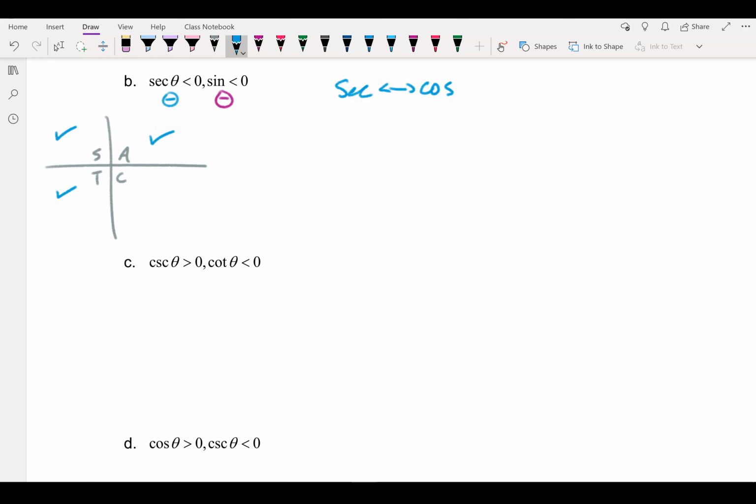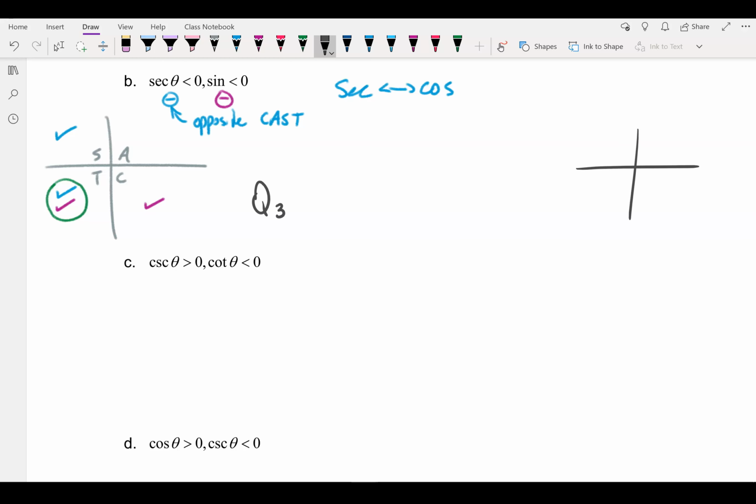That's because it's positive here and it's positive here, so you do the opposite. So be careful. We kind of do the opposite. I'll say use opposite CAST approach. Sine, on the other hand, negative means that it's wherever it's not positive. So normally it's positive here and here, so we need to do the opposite. It must be negative here and here. And by doing that logic, this angle we're given must be over here because that satisfies both rules. So the quadrant is quadrant 3.